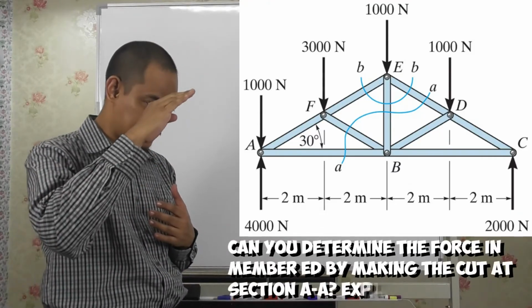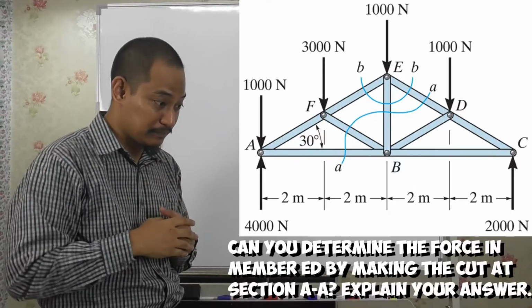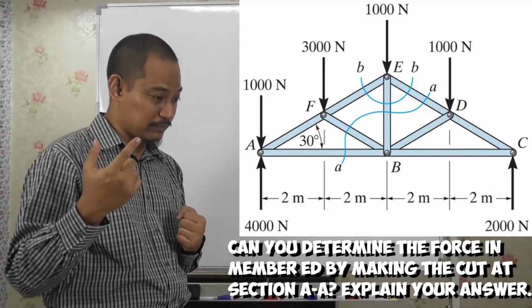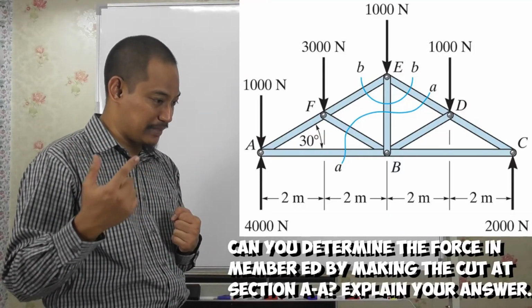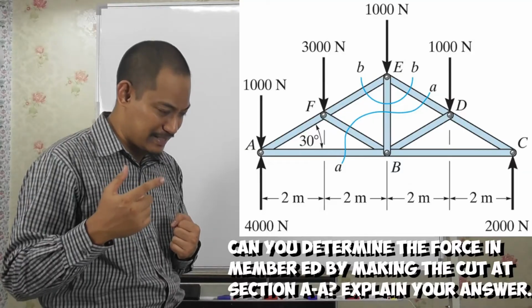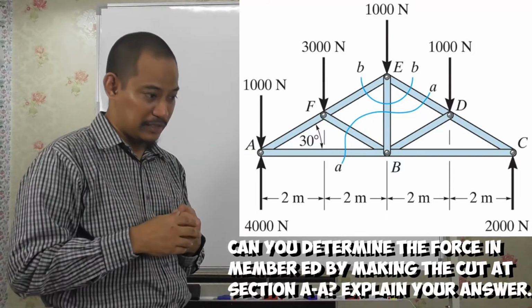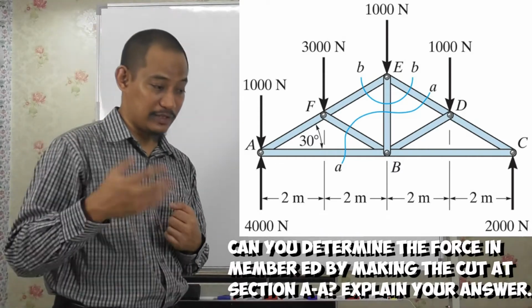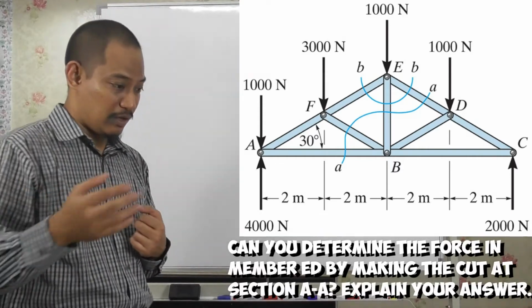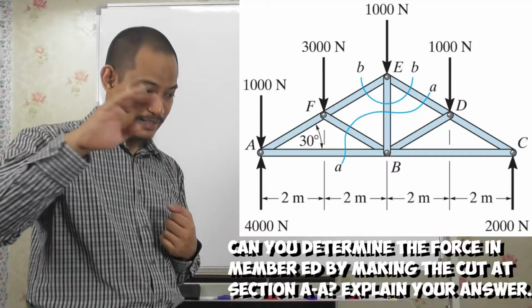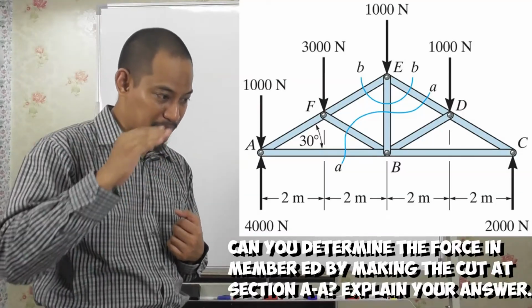ED, basically the slanting on the right side, right? Can you solve for force in member ED by making the cut at section AA? Okay, that line, right? Explain your answer. Okay, can you? Of course, if you cut at AA, it does cut member ED, right?